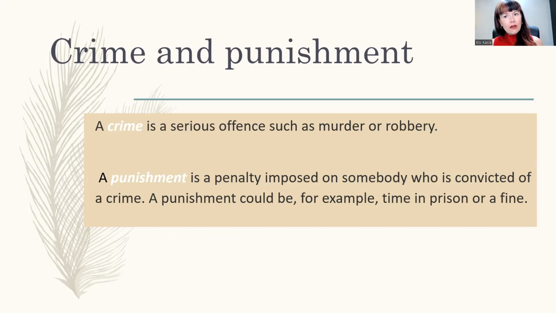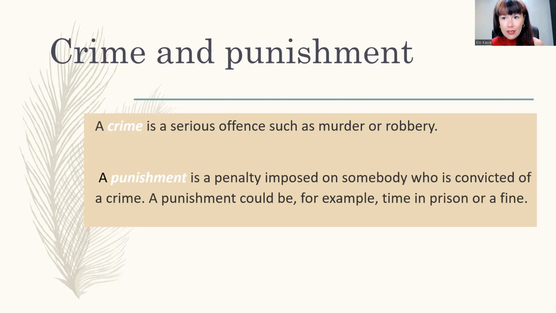Okay, we started this lesson from talking about detectives, and we talked about detectives solving crime. So what is a crime and what is a punishment? A crime is a serious offense such as murder or robbery. A punishment is a penalty imposed on somebody who is convicted of a crime.